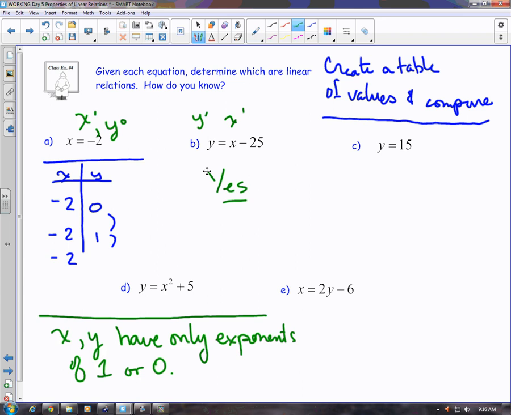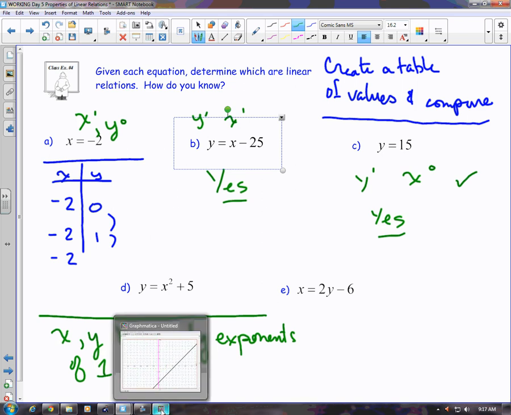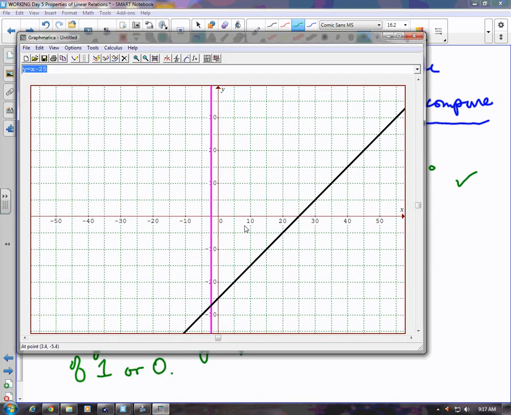This one here, the y has an exponent of 1, the x has an exponent of 0, and so that's okay. This one here will also be a linear relation. Question is, well, what's it going to look like? The y equals x minus 25, where you have both x and y, gives you a slanted line.